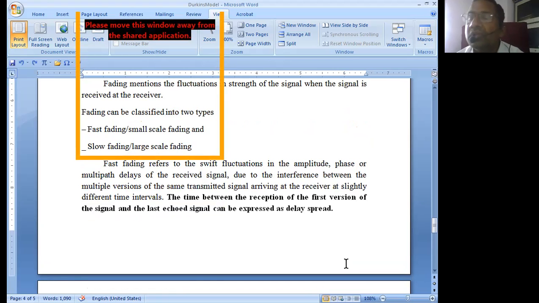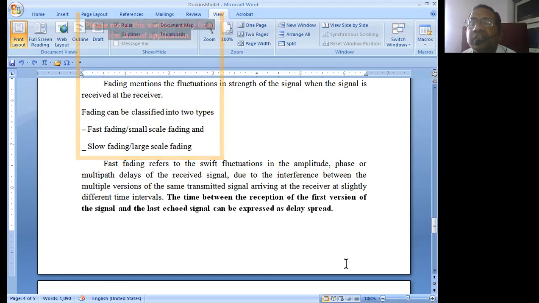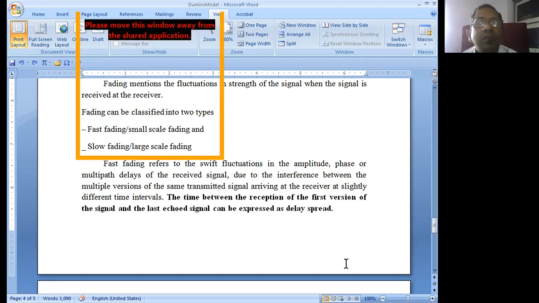Due to the many reflections, refractions, and other problems caused by obstacles between transmitter and receiver, the receiver receives, apart from the line of sight signal, many other copies. That means redundancy, duplicate copies the receiver is going to receive.